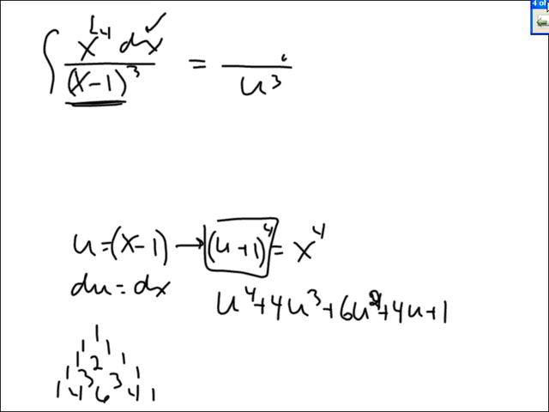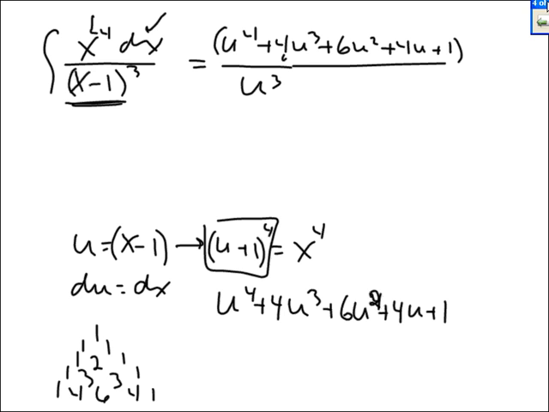The nice thing now is you can do the division. The integral of (u to the 4th plus 4u cubed plus 6u squared plus 4u plus 1) over u cubed du. Now you do the division.